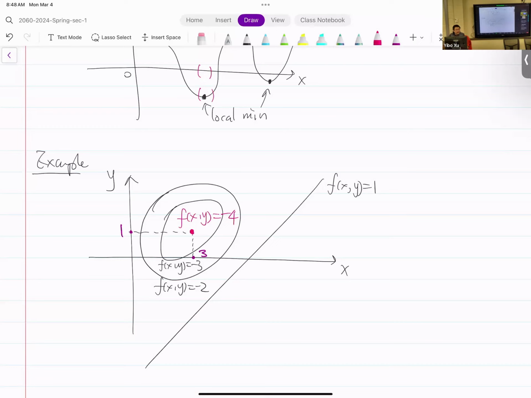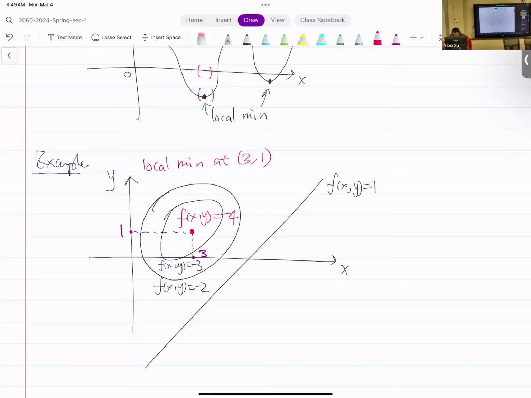We can expect the function value doesn't get lower because we don't see a lower contour. So for this point, we can conclude the local minimum of the function is at 3, 1.